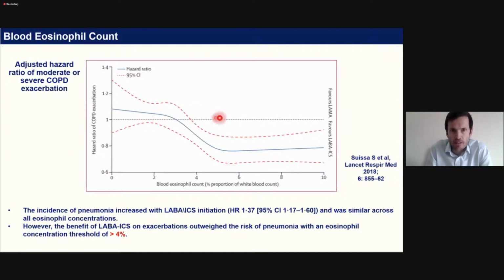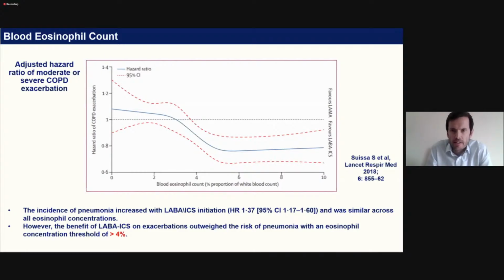So above this horizontal line favors LAMA inhalers, while below this horizontal line favors LABA ICS combinations. And as shown, initial COPD treatment with LABA ICS inhalers was only more effective than with LAMAs in patients with high blood eosinophil concentrations greater than 4% or counts greater than 300 cells per microliter. So, at this point here.